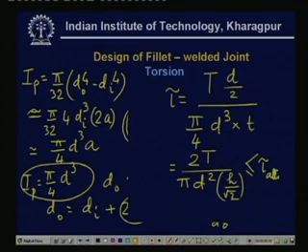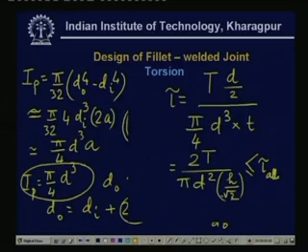So, we know how to design the fillet welds for a torsional member. For many other cases, you can find out the polar moments for a thin strip and then use the similar formula.